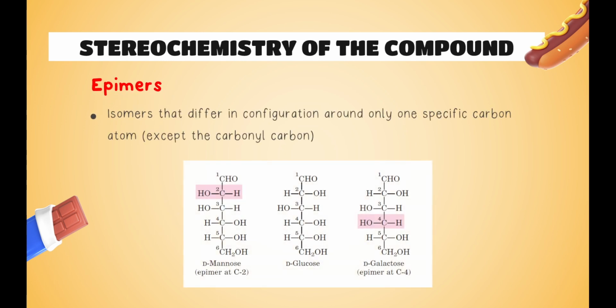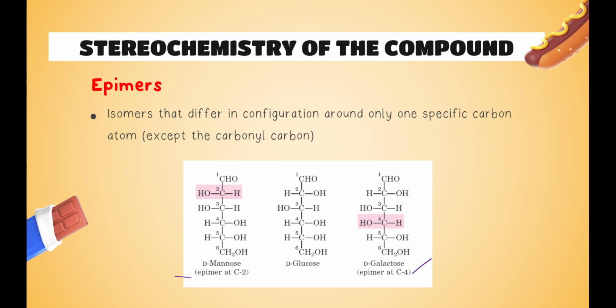Epimers are isomers that differ in configuration around only one specific carbon atom, with the exception of the carbonyl carbon. When we say carbonyl carbon, or your carbonyl group, this is your functional group composed of a carbon atom with a double bond to oxygen. So, going back to your glucose, we have here galactose and mannose, in which glucose and galactose are epimers at carbon 4, whereas glucose and mannose are epimers at carbon 2.